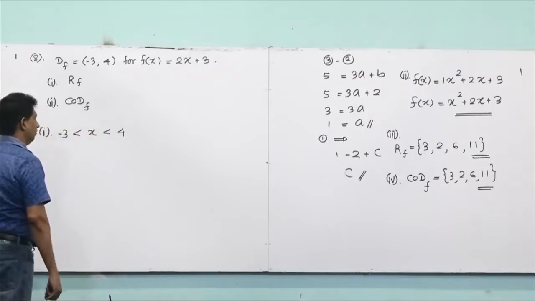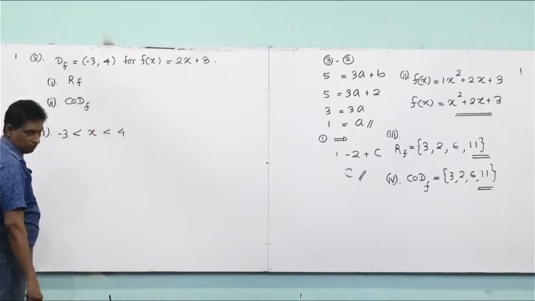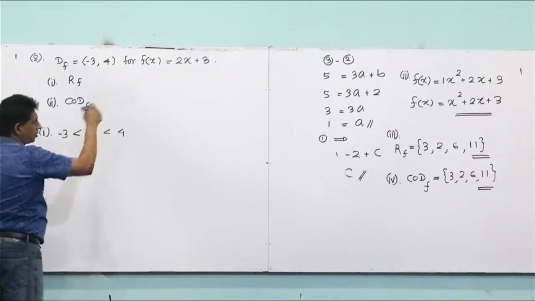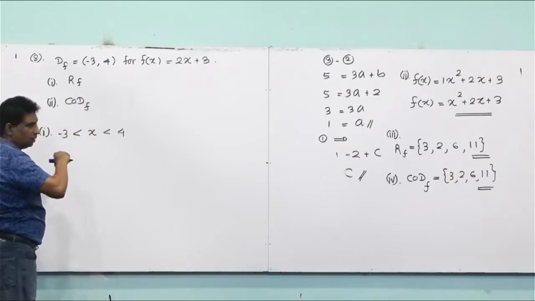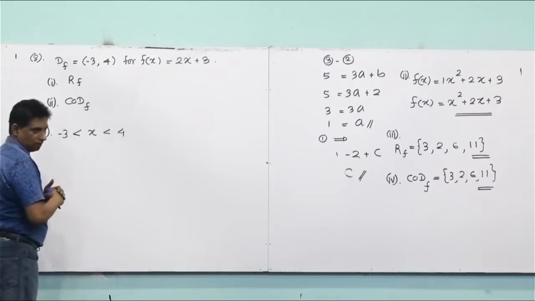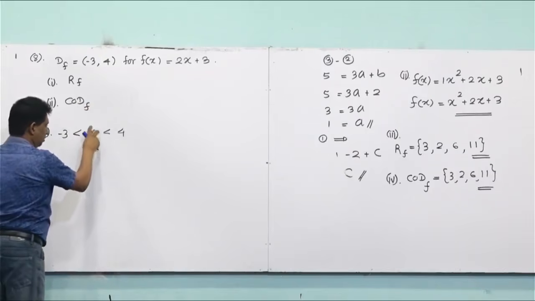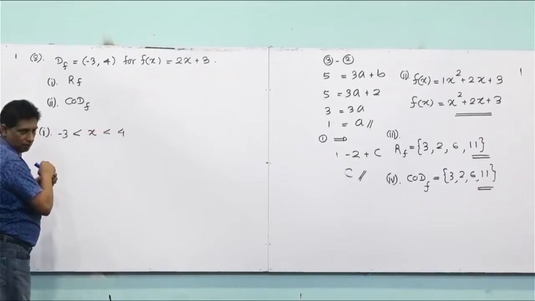Then we have to find all the images. The images are 2x plus 3. Now we have to make 2x plus 3 in between the two inequality marks. That is the way.